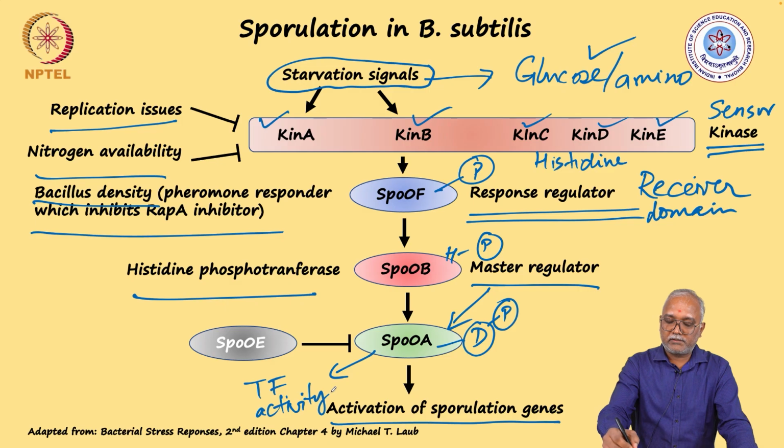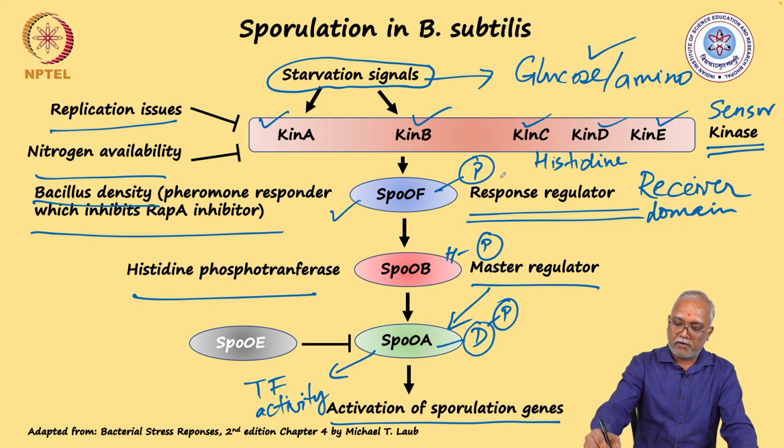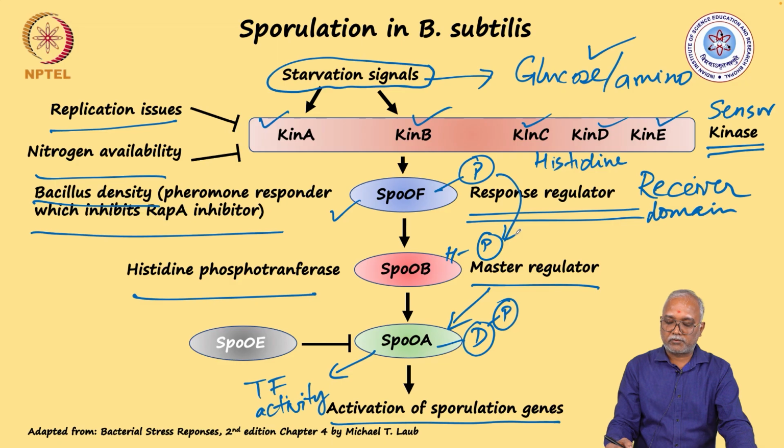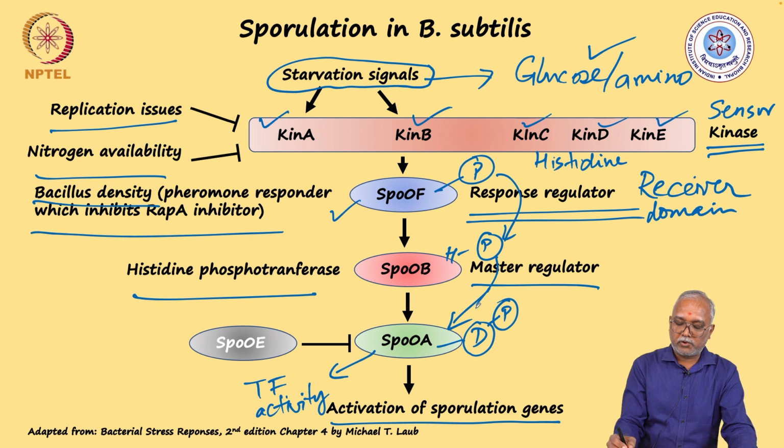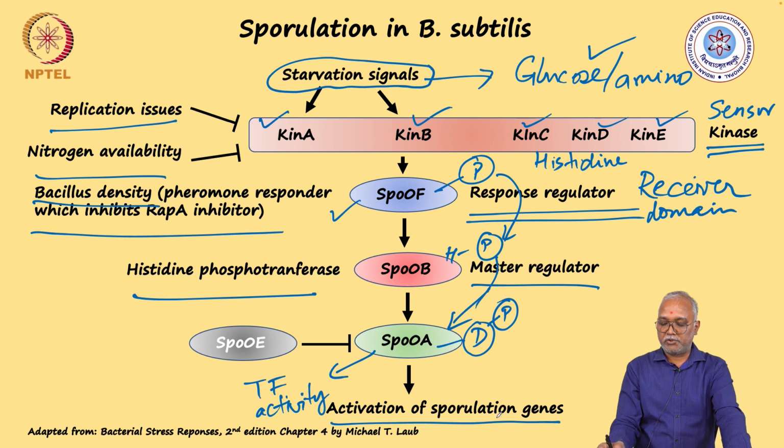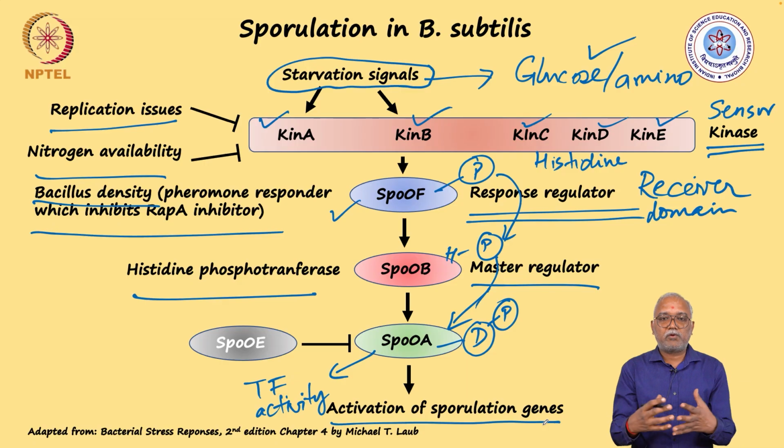So in this process, you have Spo0F, which is a minimal receiver domain containing response regulator, which passes the phosphate group to the histidine phosphotransferase and then finally to the master regulator. And this Spo0A now ensures that activation of sporulation genes happens. These signaling pathways are very tightly regulated by feedback mechanisms.